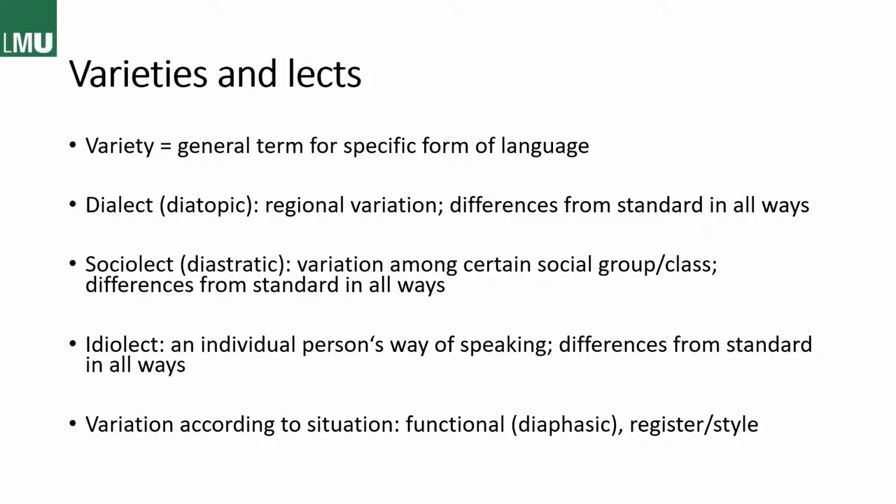Or of course, register and style. Say you have an appointment with somebody at an office, and there you would rather use a formal register, whereas when you just meet with your friends for a pint at the pub, you would not use the same kind of formal way of speaking that you used with that guy at the office.